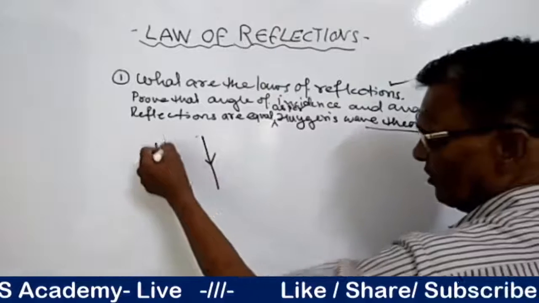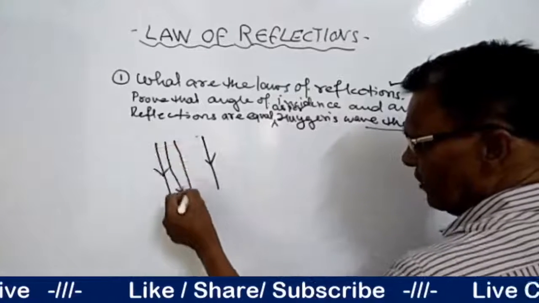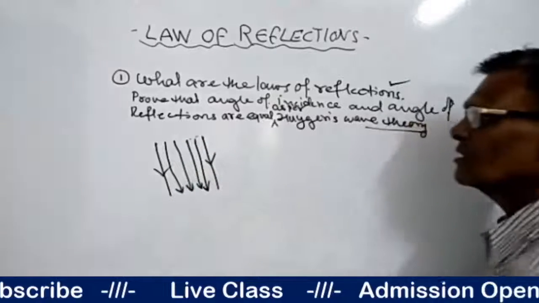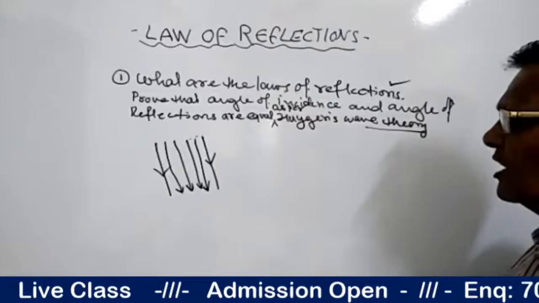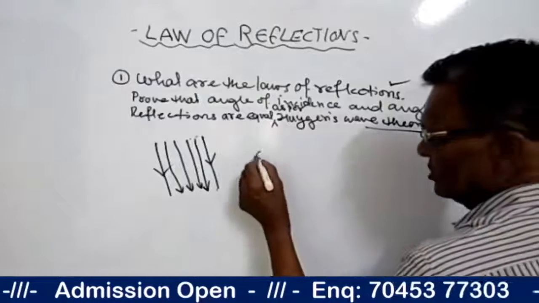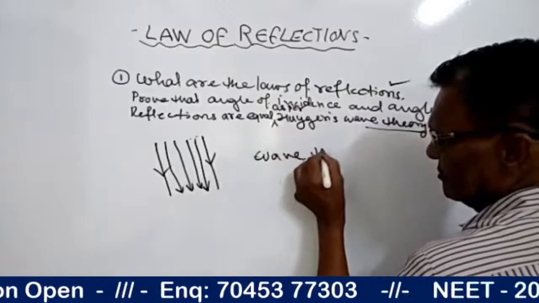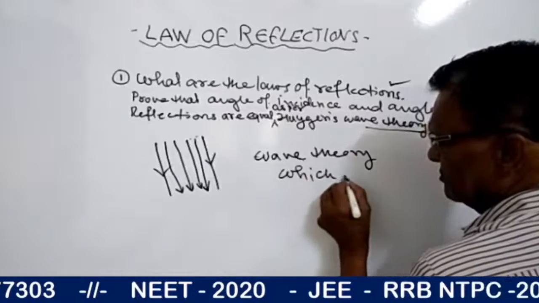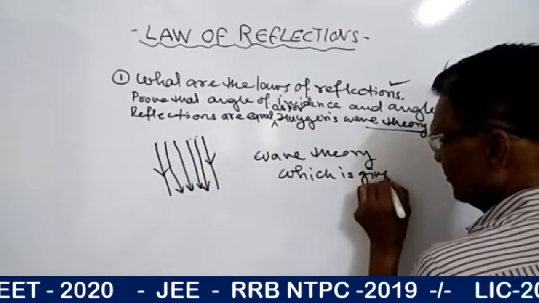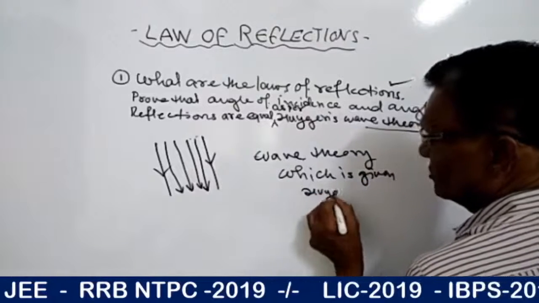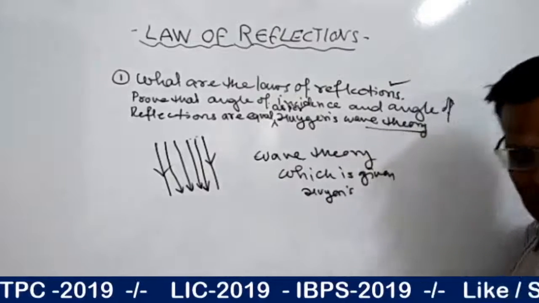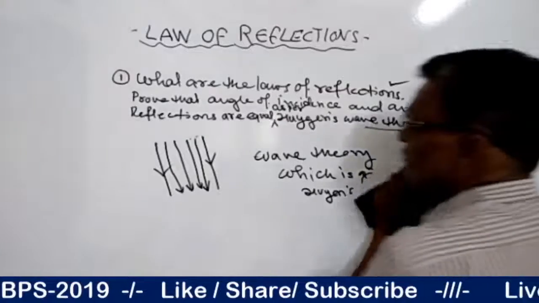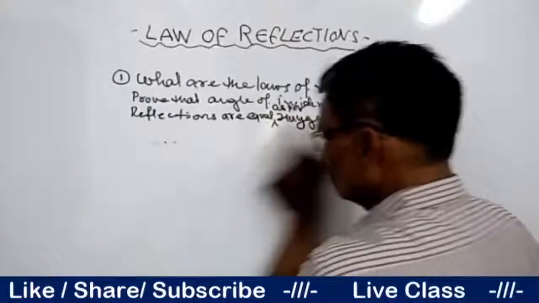So they are in the form of waves, and we are proving law of reflection with the help of wave theory, which is given by Huygens. So first we will see what are law of reflection, then only we'll prove it with the help of wave theory or Huygens wave theory.